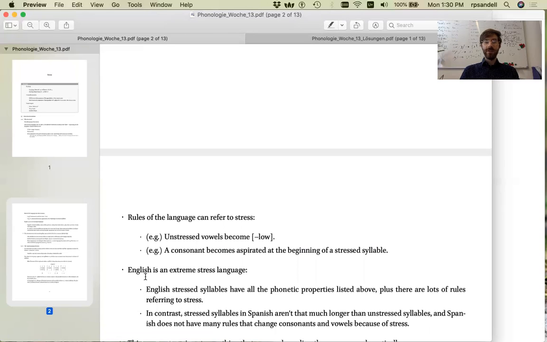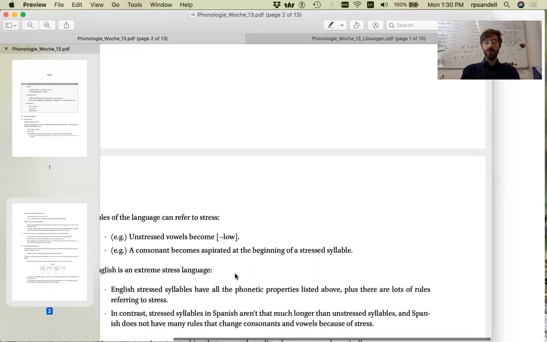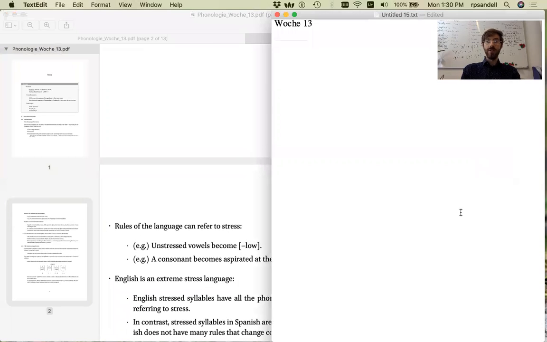And this difference between English and Spanish, in particular the durational properties that have to do with stress, leads to the difference that is sometimes referred to as a stress timed language versus a syllable timed language.